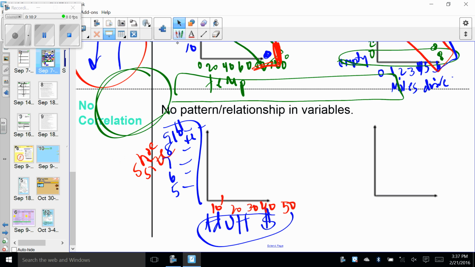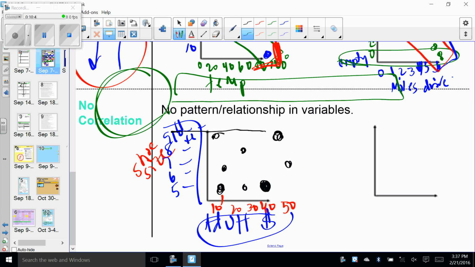No. There is absolutely no pattern because you could have a size 10 foot and not make very much money, or you could have a size 10 shoe and make tons of money, or you could have a size 6 shoe and make 40 grand. There's no pattern between your shoe size and how much money you make. So we would say no correlation there, no pattern at all.